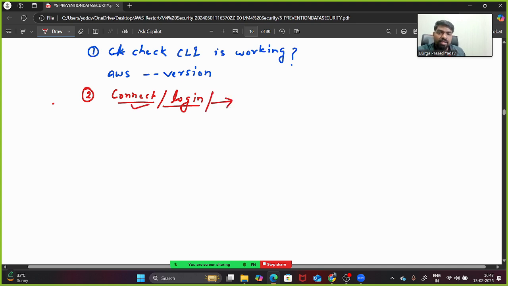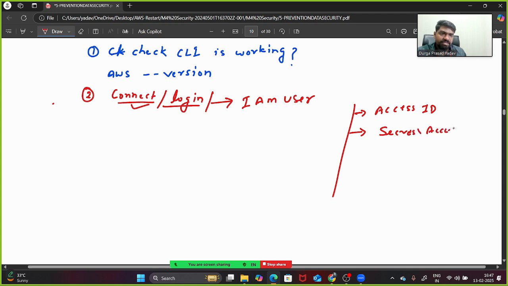If you need to log in as an IAM user, then you do require 4 things. First thing, it will ask the access ID of that user. Second, it will ask the secret access key, which is the password. Third, it will ask in which region you want to work.